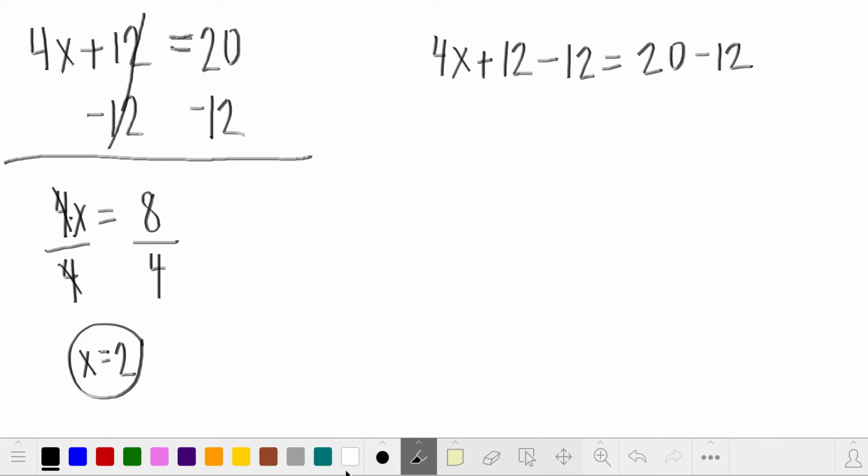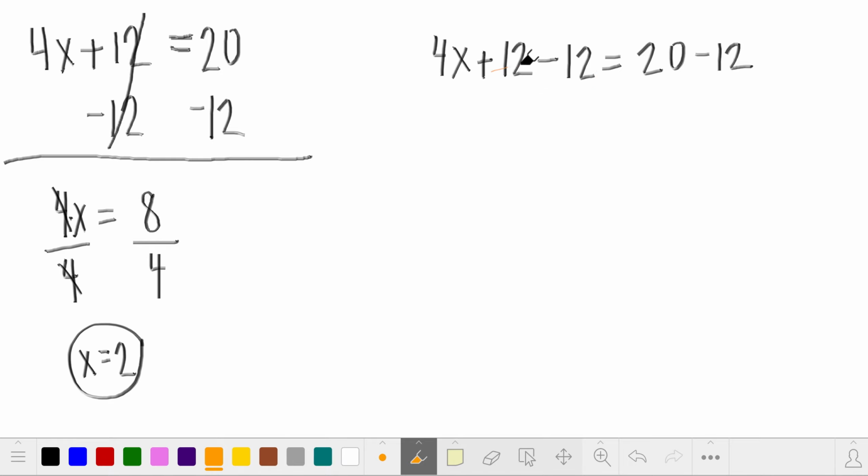Notice, just like here and here, I did the same thing. I subtracted 12 from both sides, but in this case I subtracted the 12 horizontally instead of stacking and subtracting vertically like that. Both ways are completely valid.